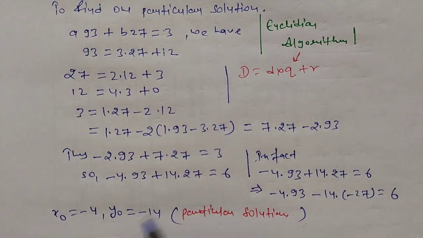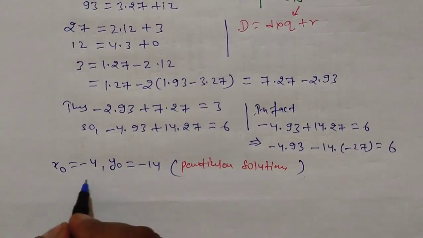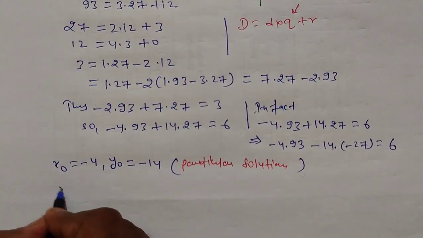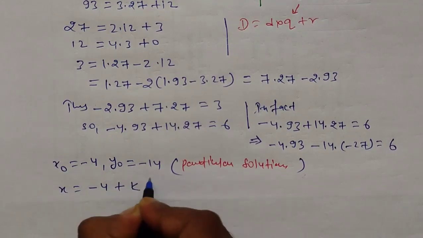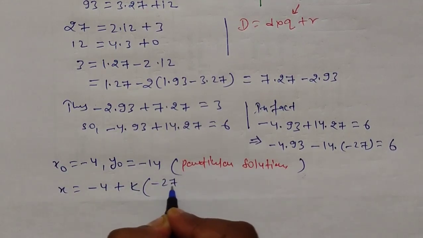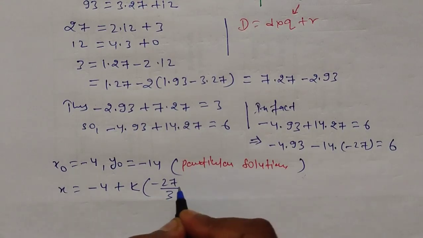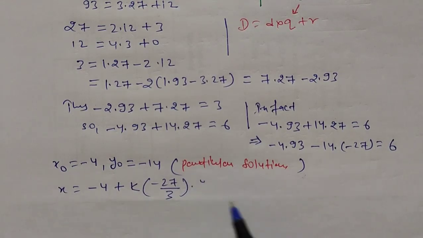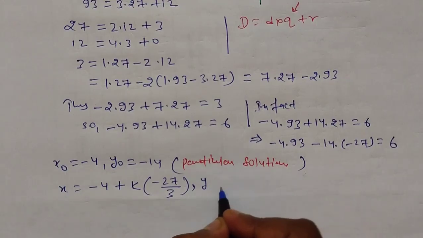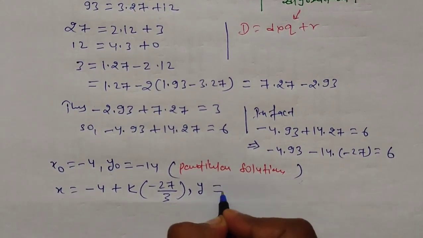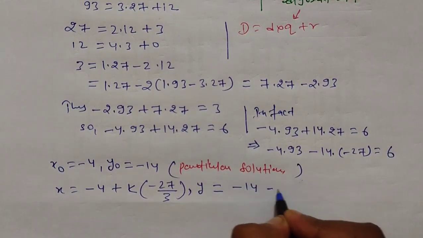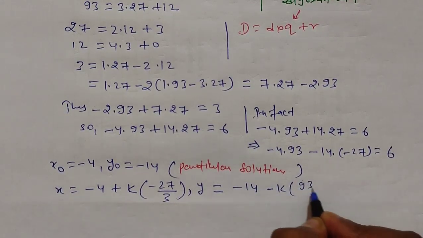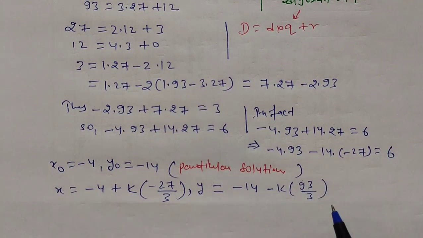Now for the general solution we can write simply x is equal to minus 4 plus k into minus 27 by 3, and the second for y is equal to minus 14 minus k into 93 by 3.